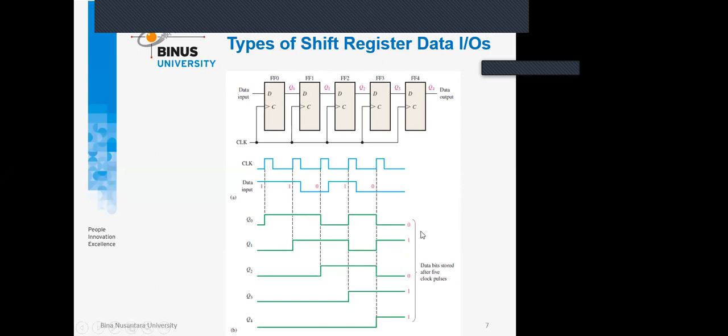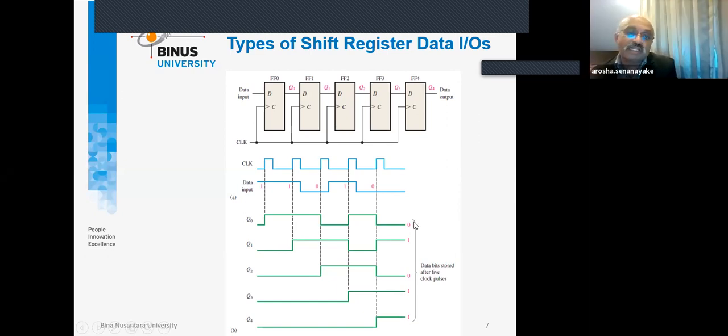So then after 5 clock pulses, you will get this in, moving all the way. As I explained, you can see that Q0 is the last, and Q4 in this case is 1 1 1 0 1 0. So then this is perfectly what you have in the output as well.